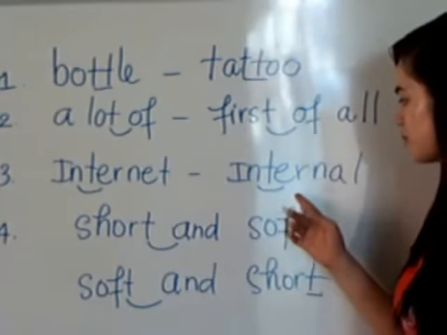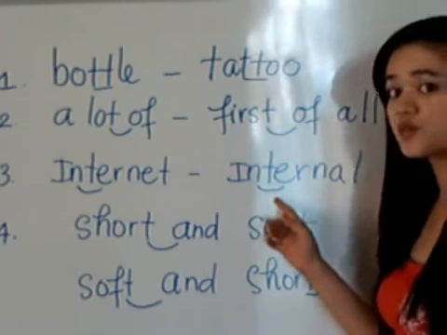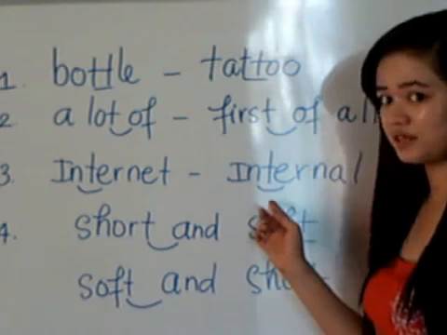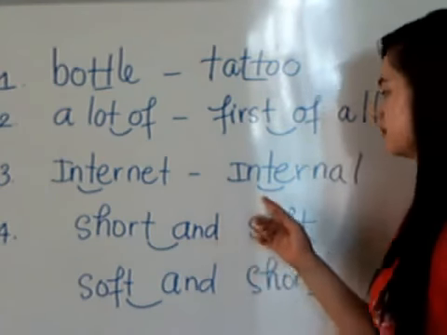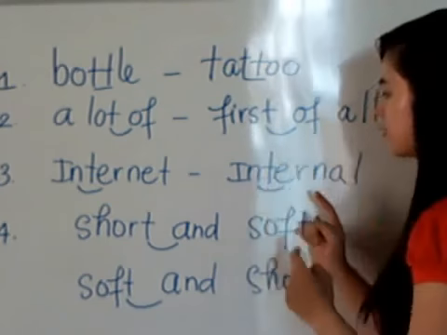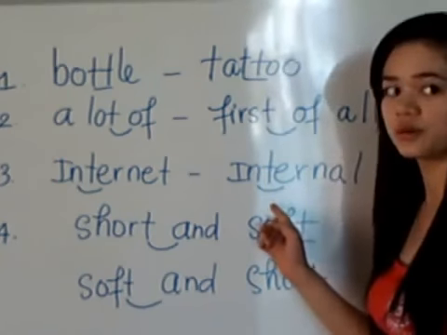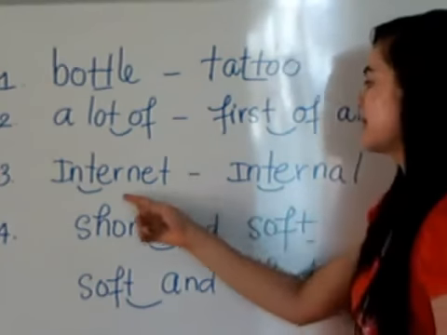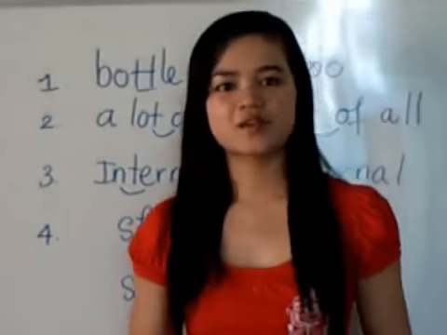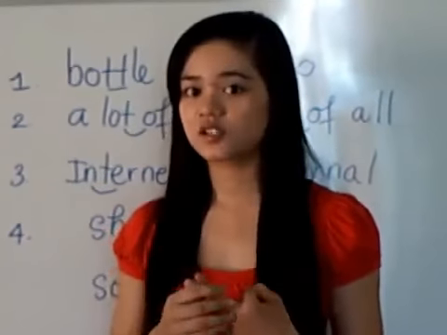But the second word also has N and T. So how do you pronounce it? Internal or something? No, it's completely wrong. N goes with T, but we have to stretch here. And we have to stretch in the second syllable, so we say internal. Internal. Internet and internal. So now you can use the rule of flat T, true T, and glottal stop fluently.